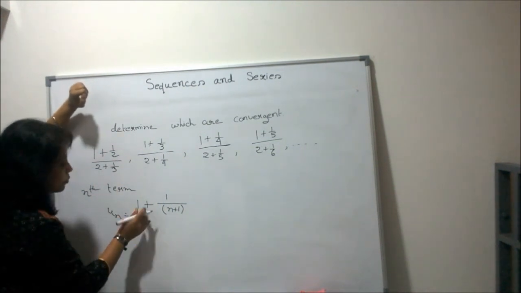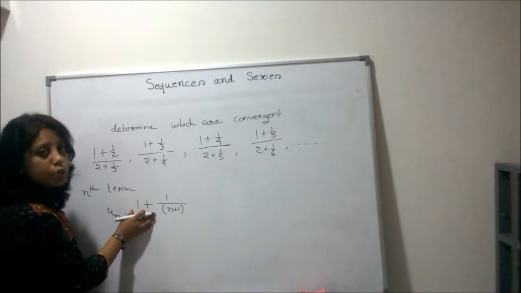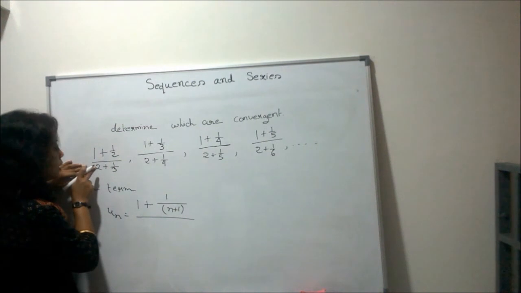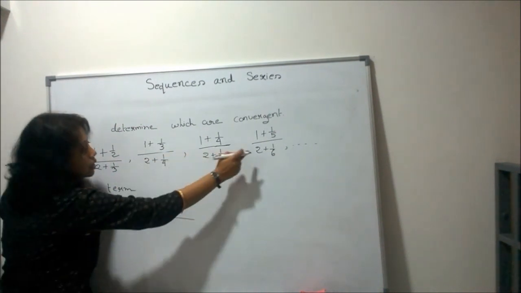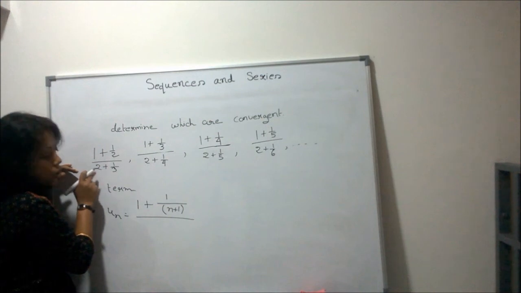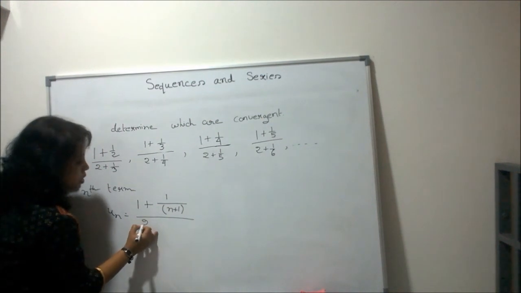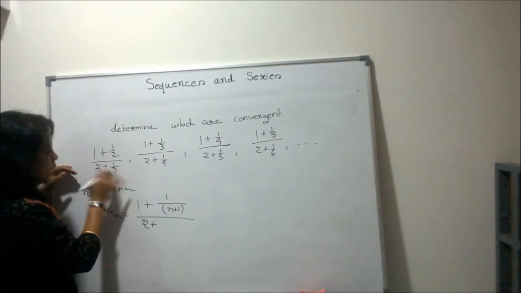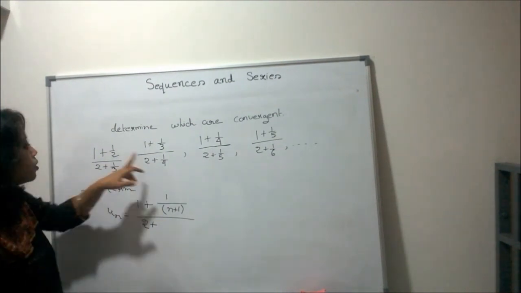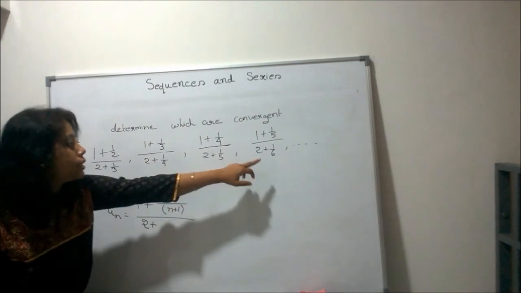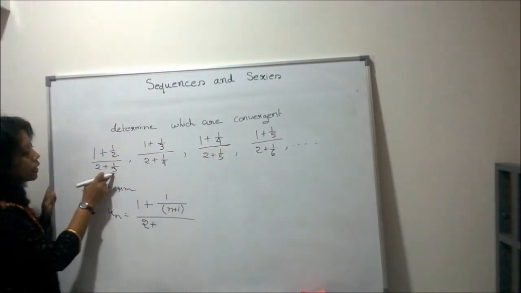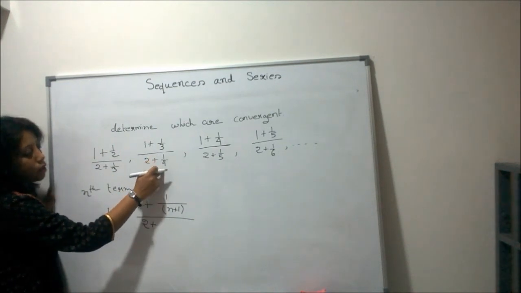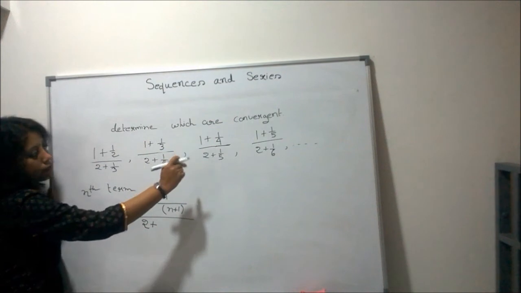Okay. So we have got only the numerator part. For the denominator part, again we see the first part of all the terms is 2. So there will be 2 obviously. And the second part is 1/3, 1/4, 1/5, 1/6. So for the first one it is 1 by 3, for the second one it is 1 by 4, for the third one it is 1 by 5.